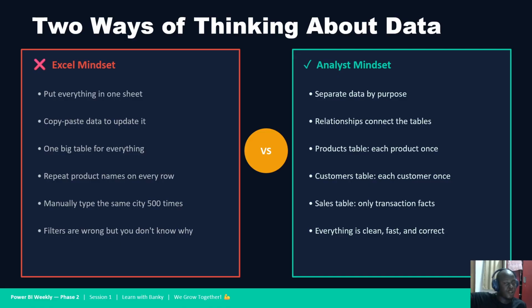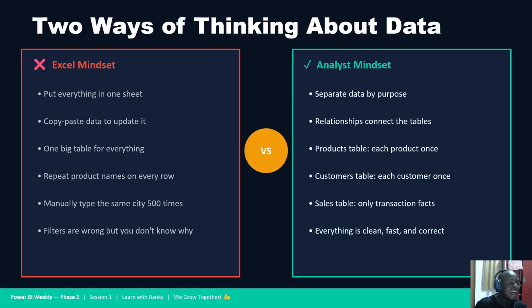One big table for everything. They repeat product name, they repeat location name, they repeat cost price everywhere. Are you following me? They manually type one city 500 times, 1 million times. As long as that person is still buying from Lagos, keep writing Lagos, Lagos, Lagos. Are you following me, everybody? And then at the end of the day, their filters will be giving them wrong information, and they will be asking what is going on.